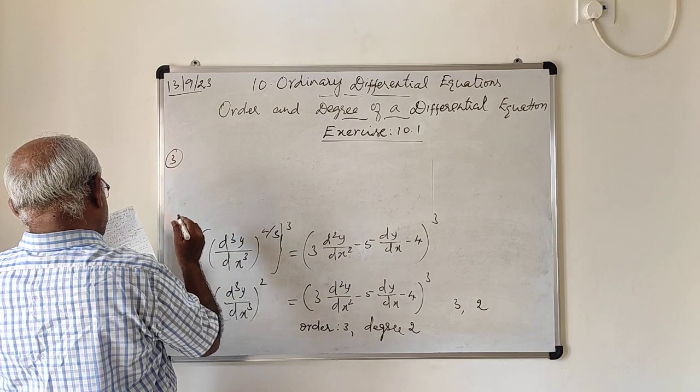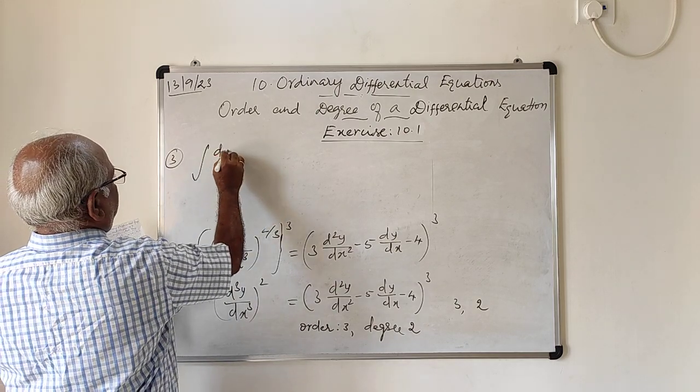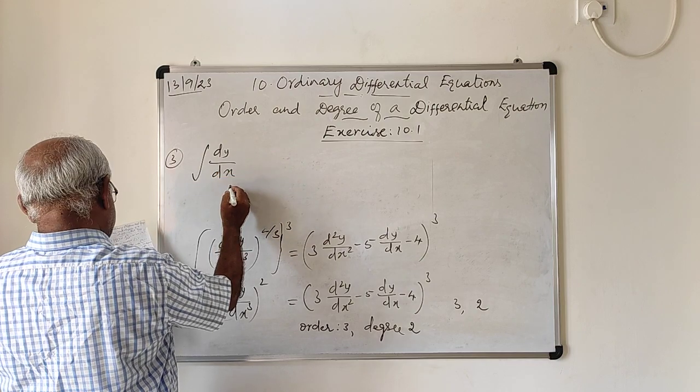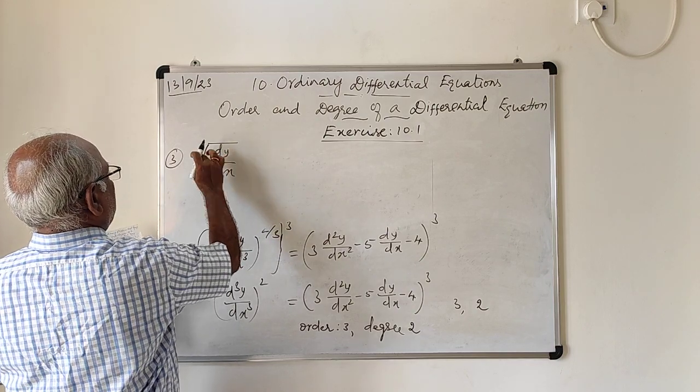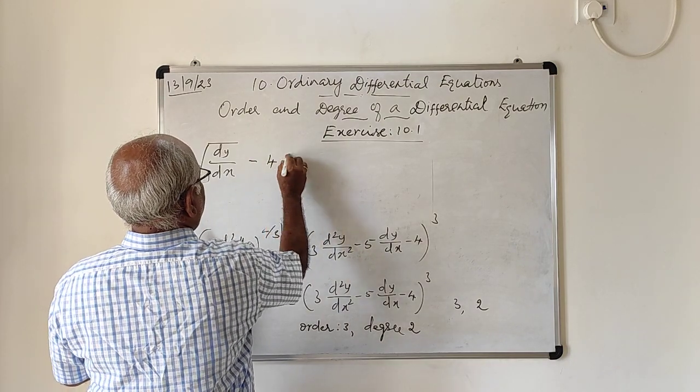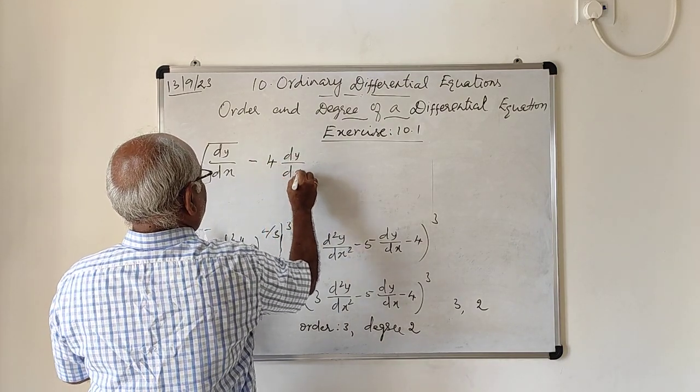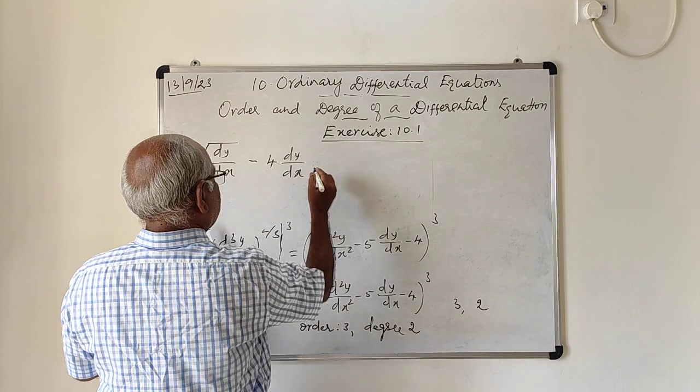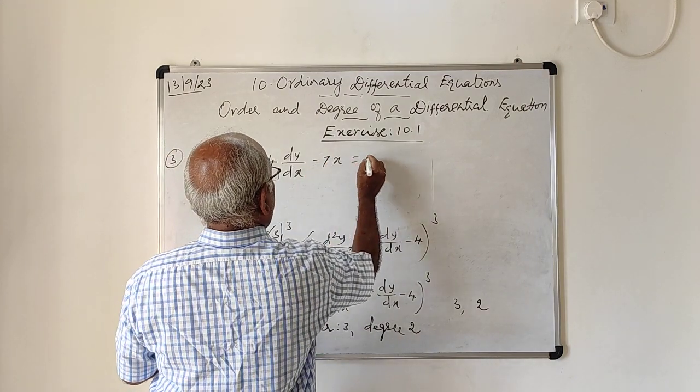Find the order and degree of the equation: root of dy by dx minus 4 dy by dx minus 7x equal to 0.